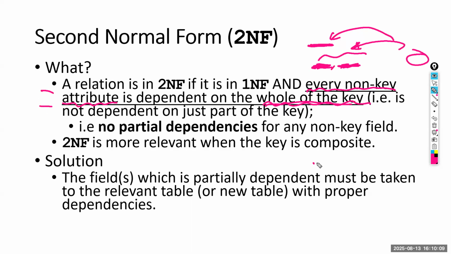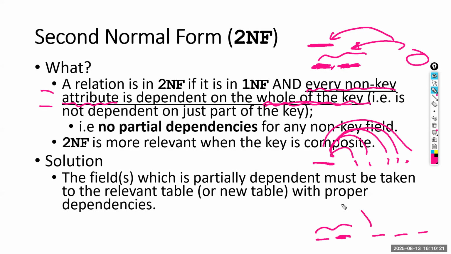If your primary key is atomic, all your non-key fields must depend on your primary key. If your primary key is composite, all your non-key fields must depend on the full primary key, not just part of it. If there's any violation, that means it is not in 2NF, then you need to fix it. Is it clear? If it is not yet clear, when we do an example, it should be clear. Or else you can ask.